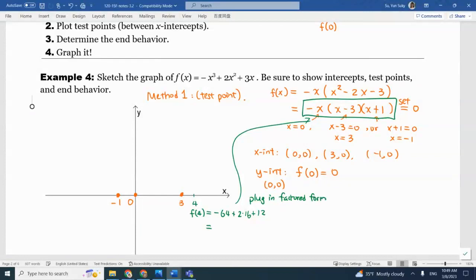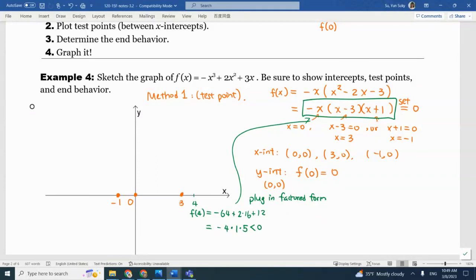Okay, now what do you get? Negative 4, right? X is 4. Times 4 minus 3 is 1, right? And 4 plus 1 is 5, right? Is it positive or negative? Negative 4 times 1 times 5. Negative.